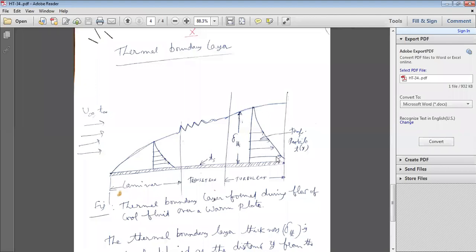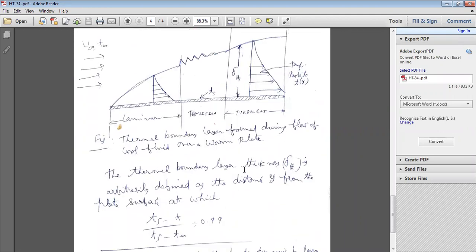So here is the maximum temperature, next temperature decreases. Maximum here is the surface temperature. Generally, if you heat the plate, the temperature of the plate will be more than that of the fluid. And obviously, heat transfers from plate to fluid. Here it is convection heat transfer because of density changes, and forced convection or free convection heat transfer.